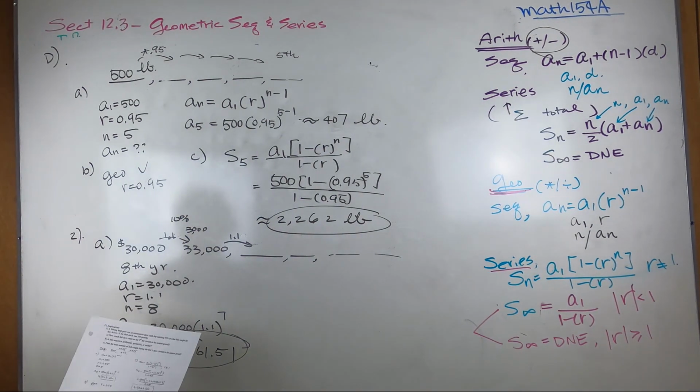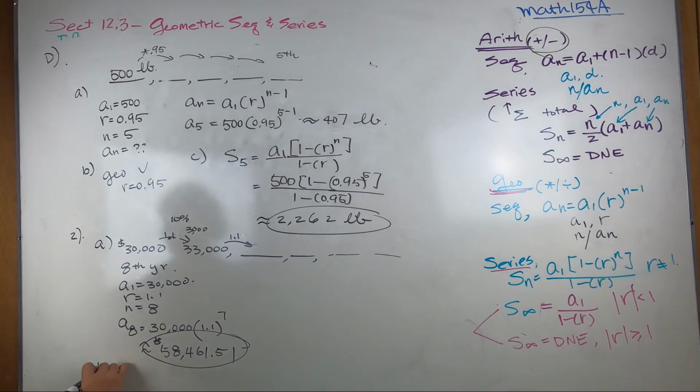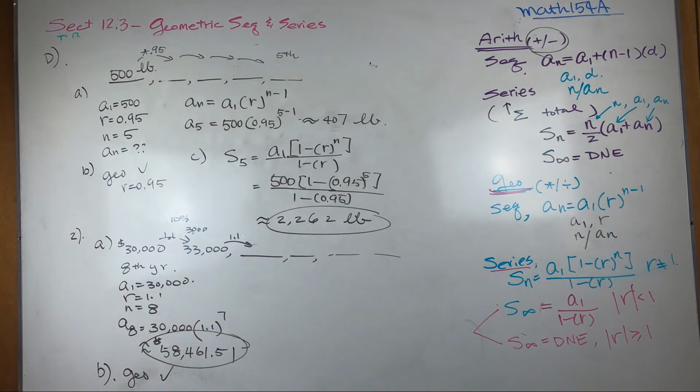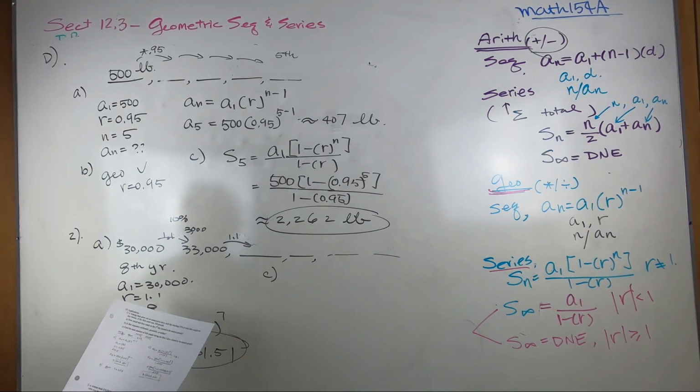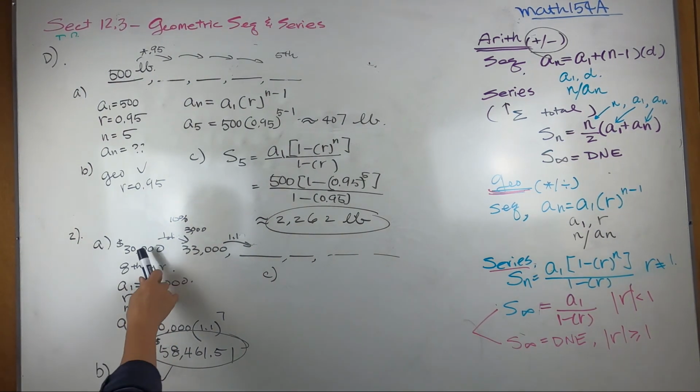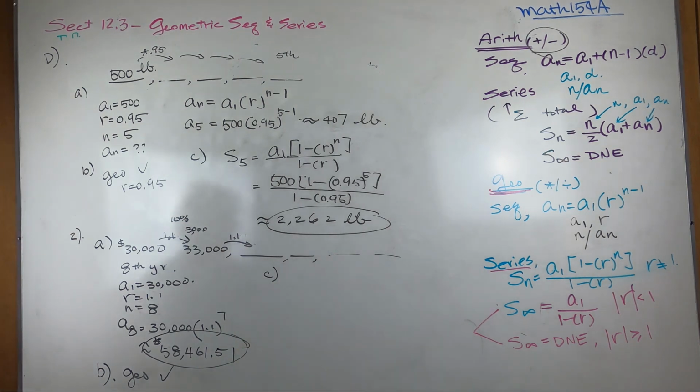So is this a geometric sequence? Yes, it's a geometric sequence because you multiply by 1.1. Then let's see how much total she will make for these 8 years. It's a finite series for a geometric sequence, right?